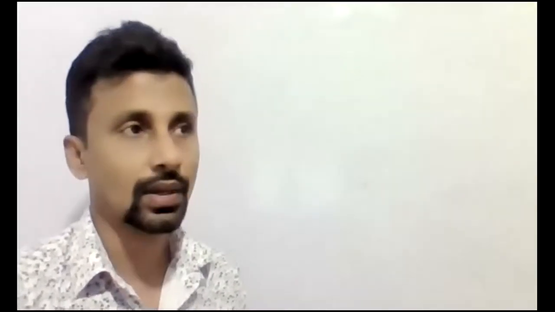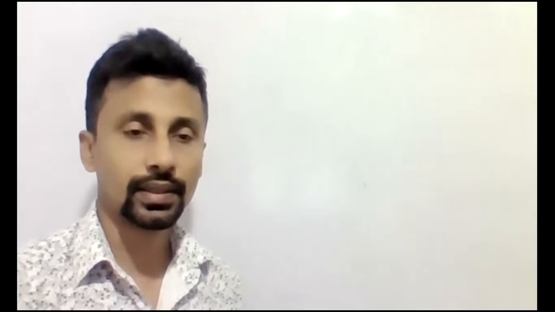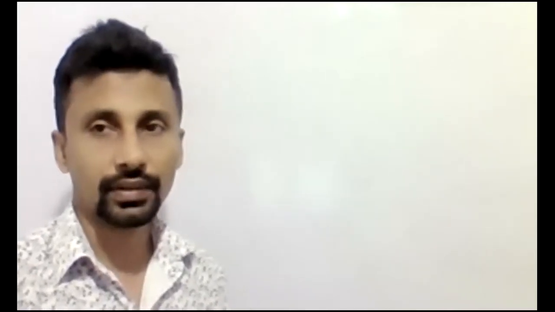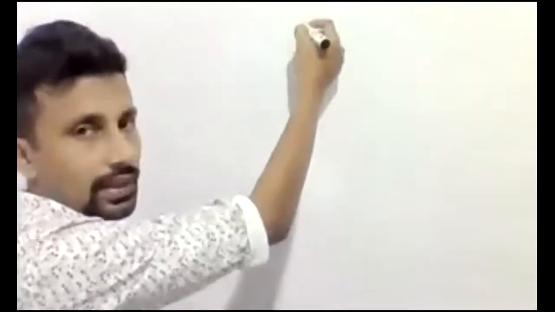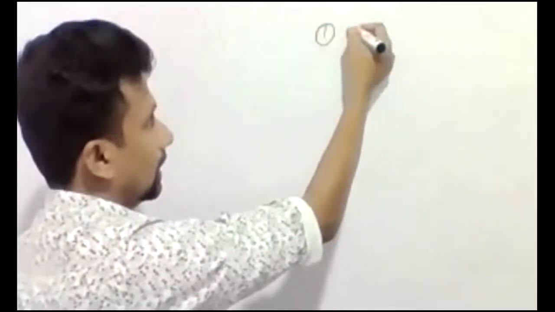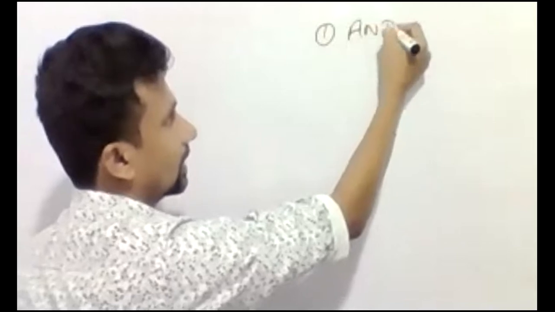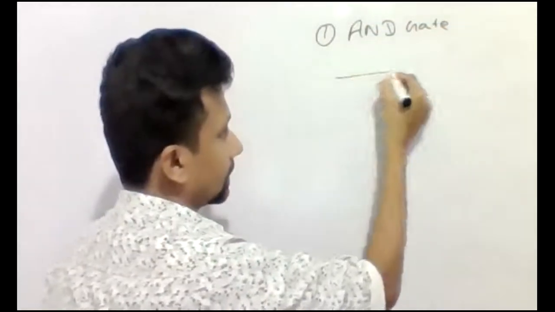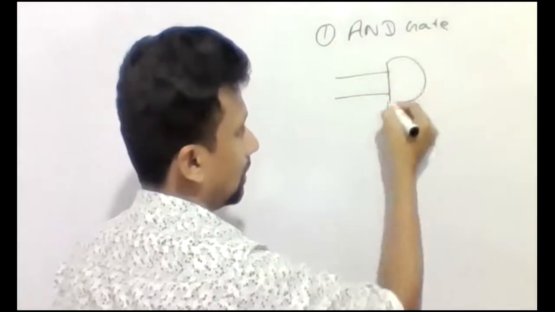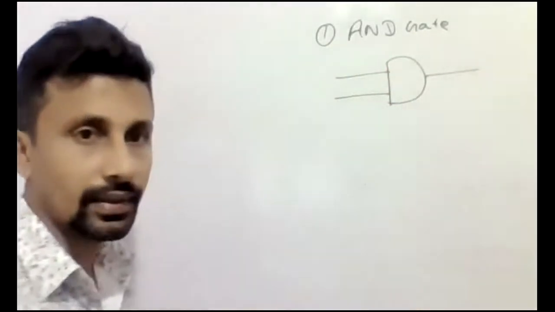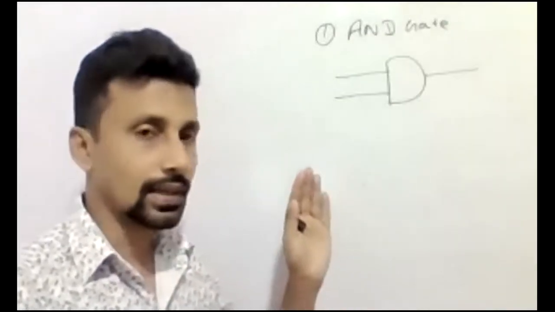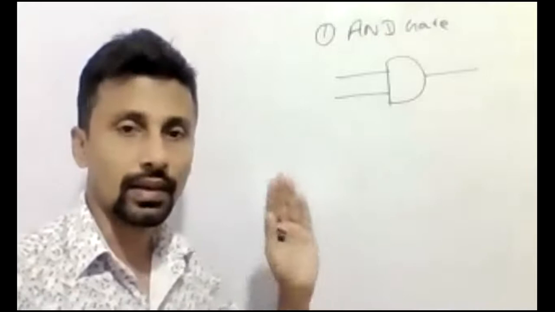Some of you, if you have done O-level ICT, have done around 5 gates, but here we are going to discuss 7 gates for the A-level. The first one I'll take is the AND gate. The symbol is like this. I am taking only 2-input gates, but you can have several inputs, the same pattern, the same thing, but only one output.